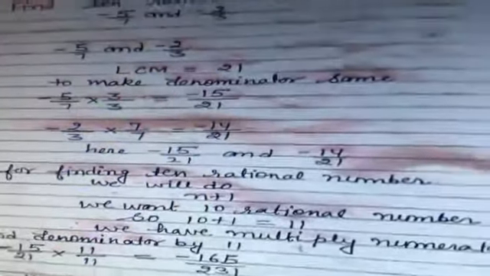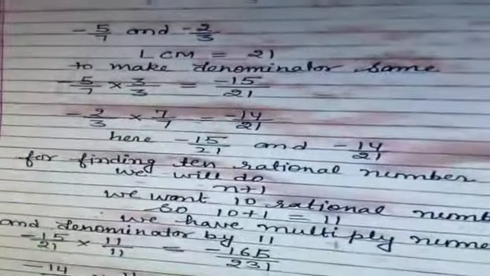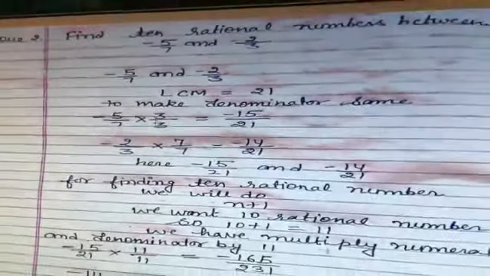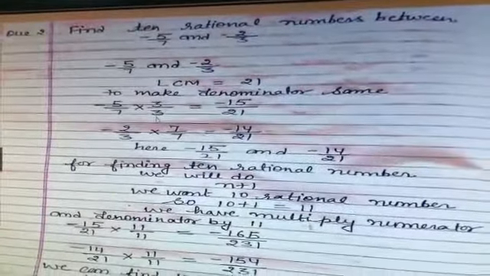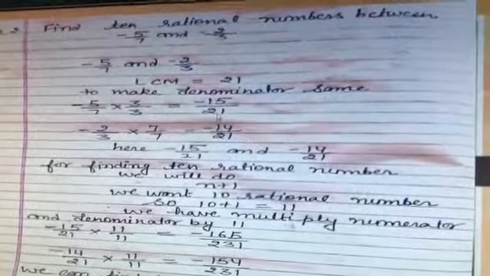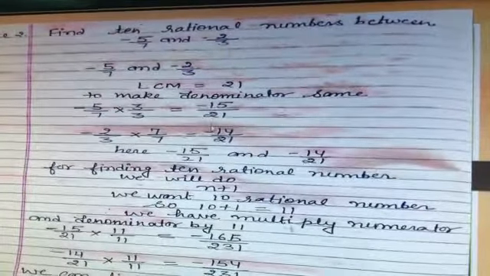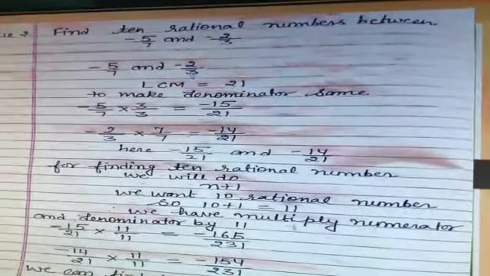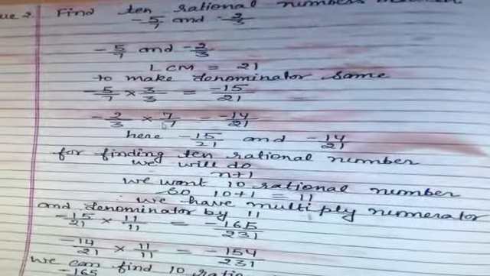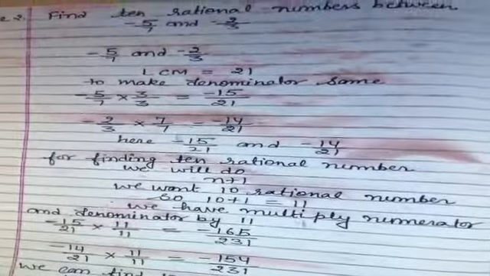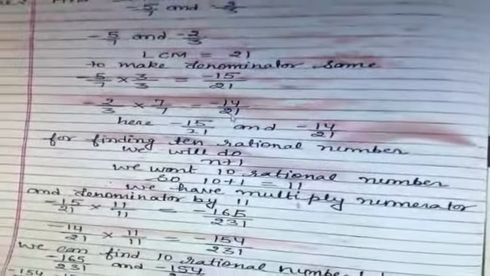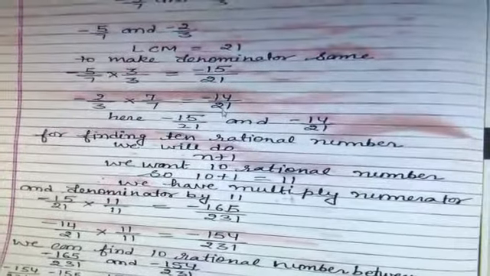To make the denominator the same, minus 5 upon 7 is multiplied by 3 by 3. So the denominator is 21, and minus 5 times 3 is minus 15 upon 21. Next, minus 2 by 3 multiplied by 7 by 7, because we want denominator 21: minus 14 upon 21.